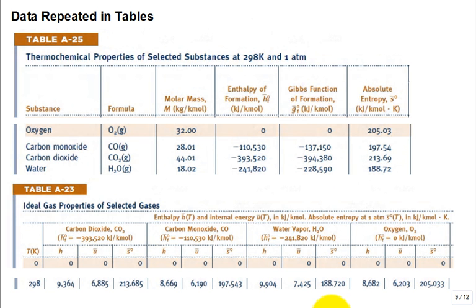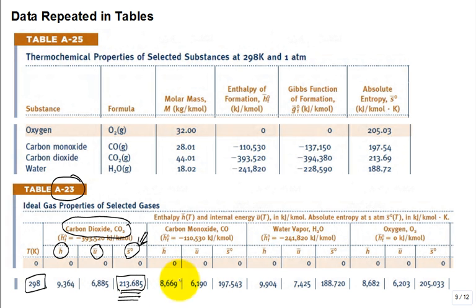Professor, we then look at this table A23, okay? Look at this column right here. We had the H bar, we skipped the U bar, and now we're looking at that S bar naught. Is that data right there? Yep, sure is. So if you look at this carbon dioxide table, A23, at 298, look at this number, 213.